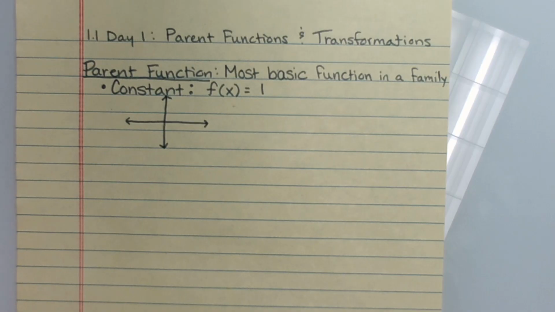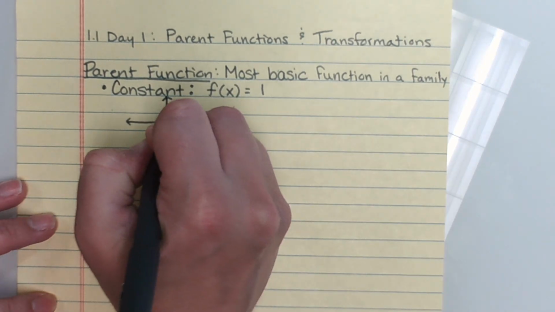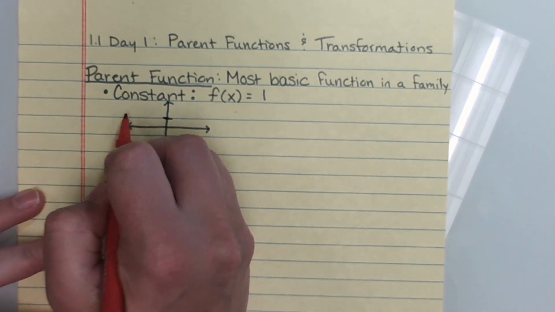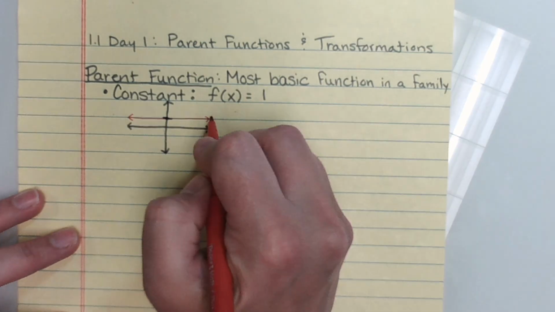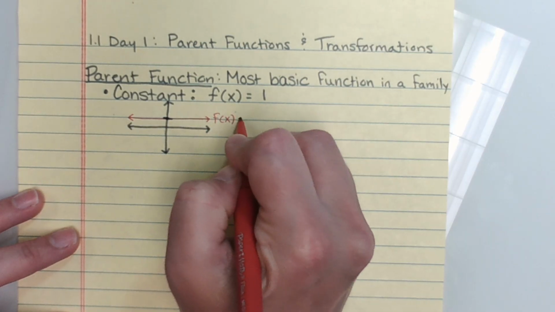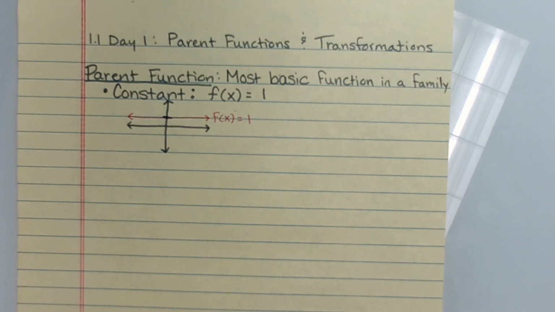Now, f of x is a fancy way of saying what? Y. So it happens where y is equal to 1. That's the graph of not only a constant function, but specifically the parent function. Happens to be 1 above the x-axis.